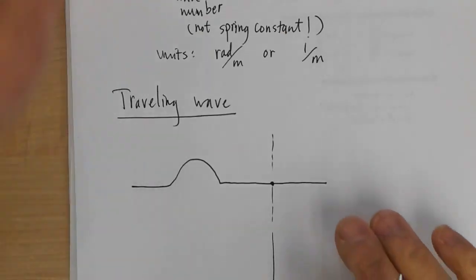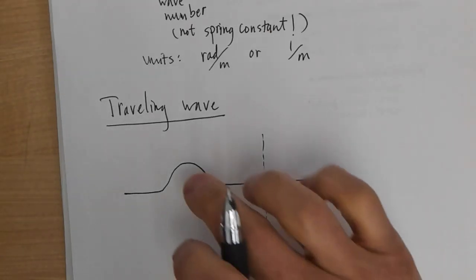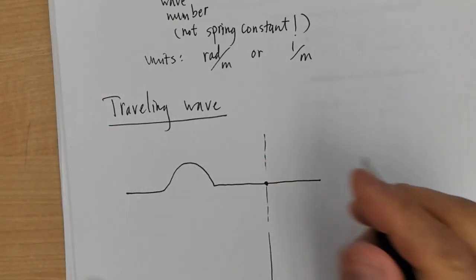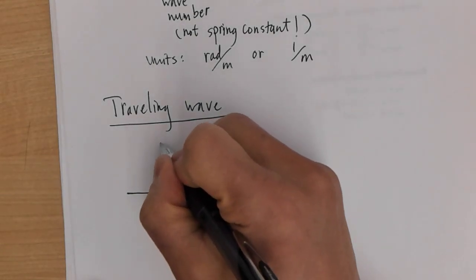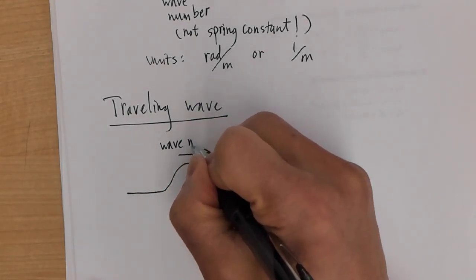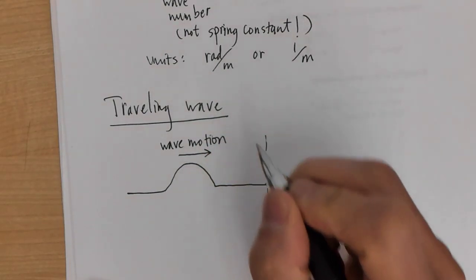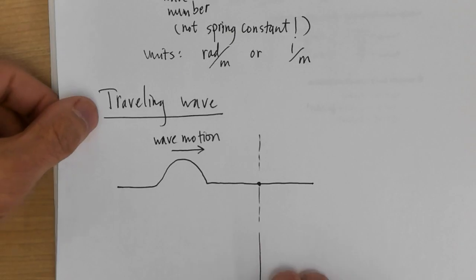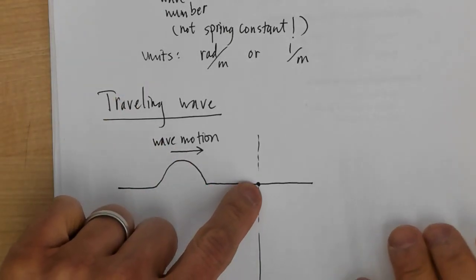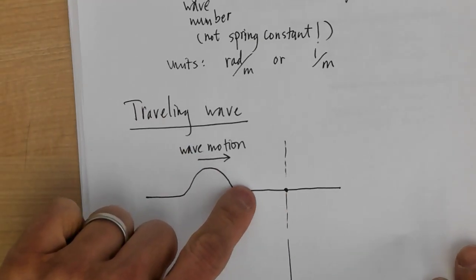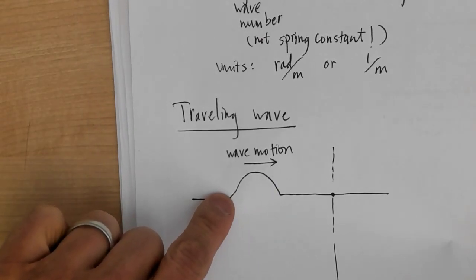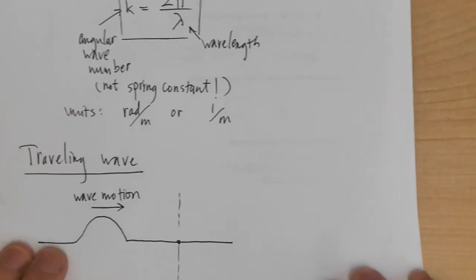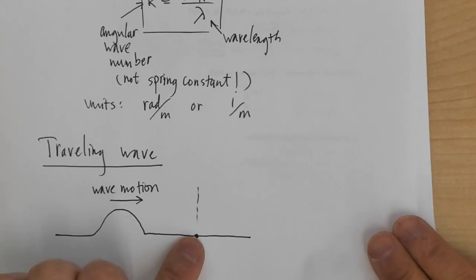Let's say this is a point on a string. Think of this as a wave pulse on a string. The wave is actually moving to the right like this. This is the wave motion. The pulse is actually moving to the right.